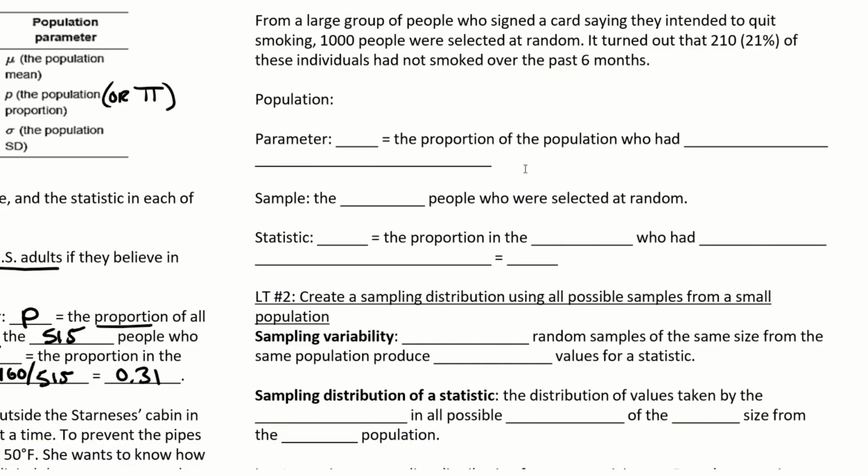Okay, so from a large group of people who signed a card saying they intended to quit smoking, you have 1,000 that were selected at random. And it says 210, or 21%, of these individuals had not smoked over the past 6 months. All right, so that's what we're looking for.